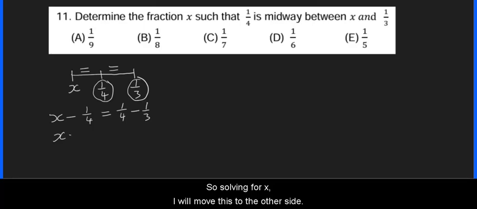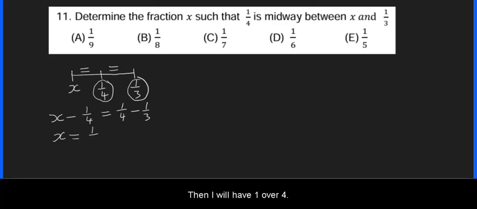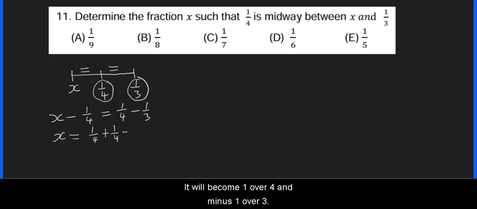Solving for x, I will move this to the other side. Then I will have 1 over 4. The sign will change. It will become 1 over 4 and minus 1 over 3. Now I can see they have the same denominator, so I can simplify this by adding 1 plus 1.